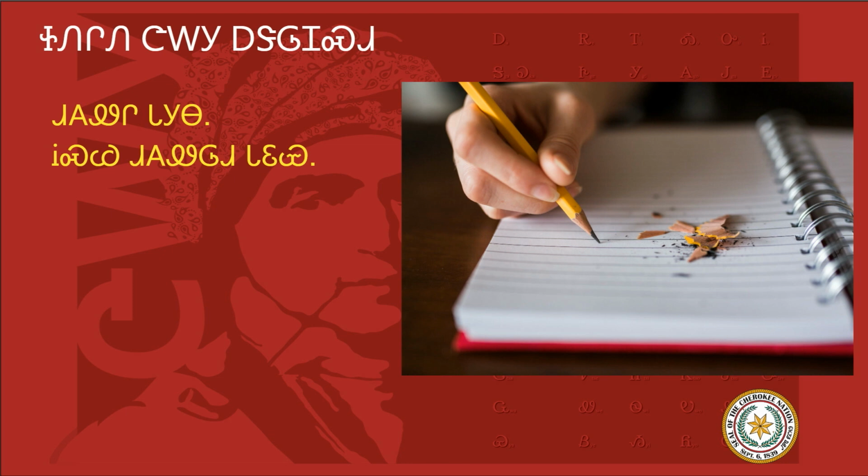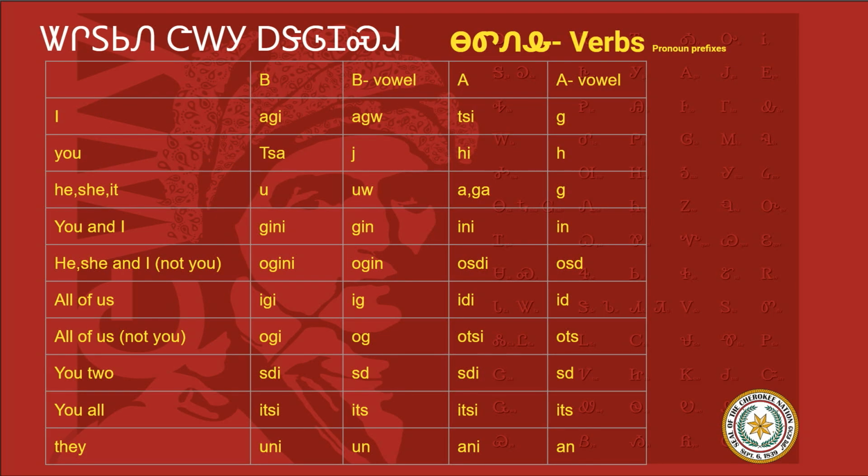Okay, so you see how that all changes. But it's still, hopefully by now, starting to make more sense. I know it's really, really difficult and it's really hard. So we also looked at all of the pronoun prefixes, and there are 4 different kinds, right?